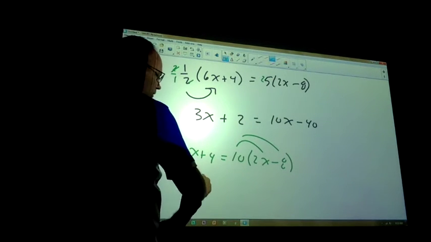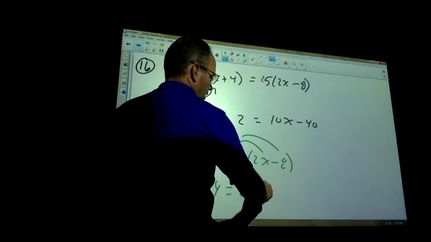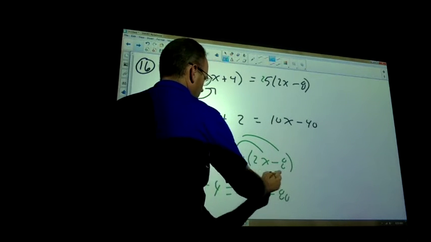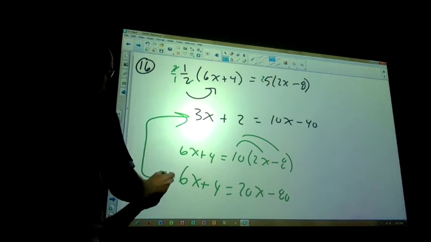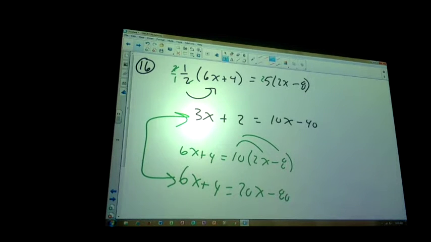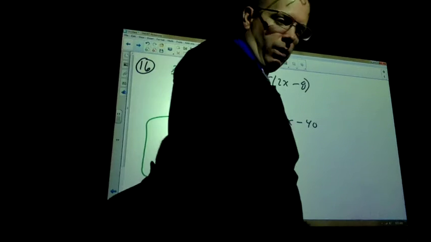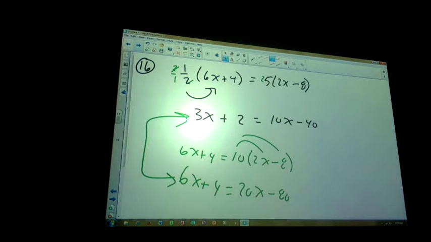So 6x plus 4 equals 20x minus 80. And these two problems will give us an identical answer if we work it out. Is that all right? I'm not going to go through and work it out, but that'll give you an identical answer, which is great. I'm just trying to review with you guys.